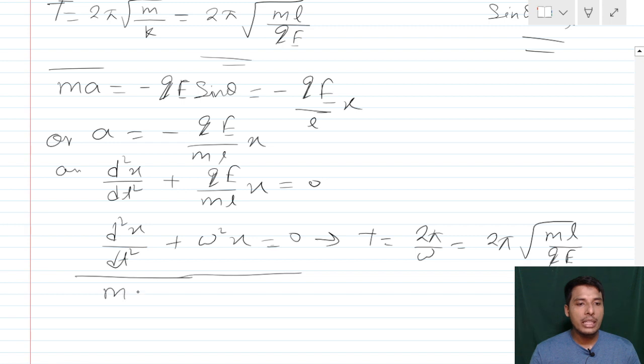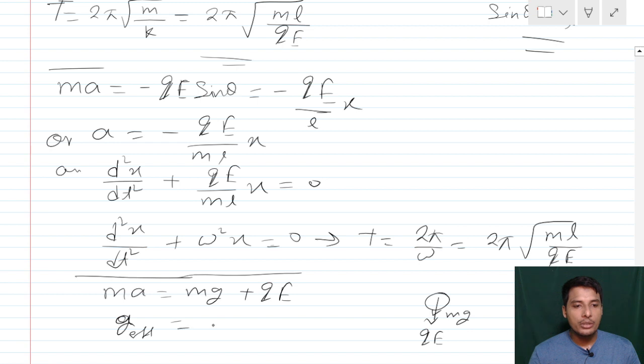How can we calculate? Then the total force will be divided into two parts, the electric force qe and also the gravitational force mg. Then we can write it as mg, the weight, plus qe. Then we have g effective equal to g plus qe by m.